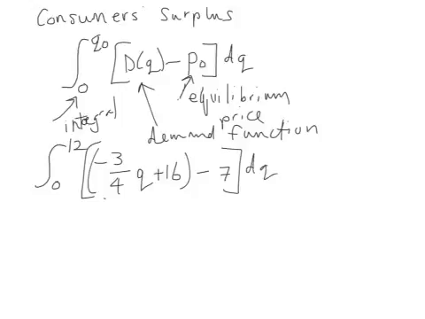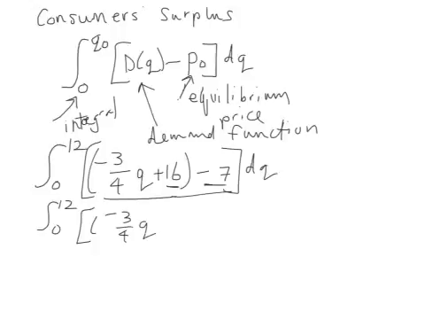So we need to find the integral here. First thing I should do is take this 16 and subtract the 7. So negative 3/4 Q, 16 minus 7 is going to be 9.